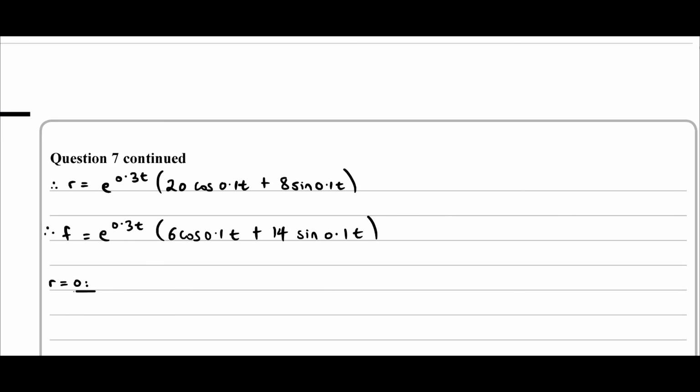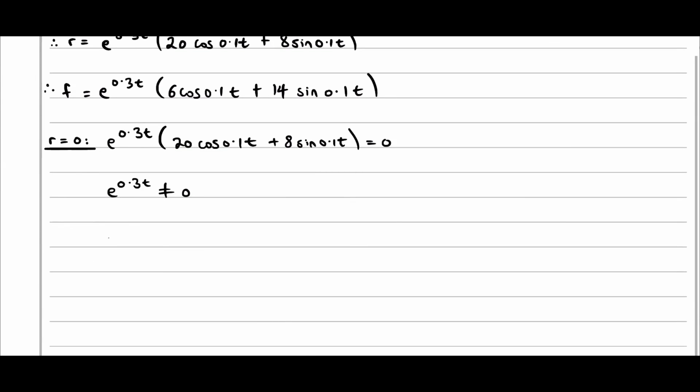We have e to the 0.3t lots of 20 cos of 0.1t plus 8 sine of 0.1t equals 0. e to the 0.3t cannot equal 0, so we have 20 cos of 0.1t plus 8 sine of 0.1t equals 0.